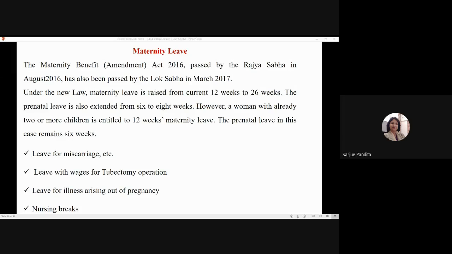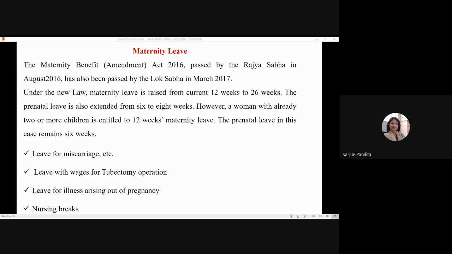The Act also provides for adoption leave. If a female is adopting a child, then adoption leave of 12 weeks is given to a woman who adopts a child under the age of 3 months. That means if the child is below the age of 3 months, she is entitled to 12 weeks of leave.